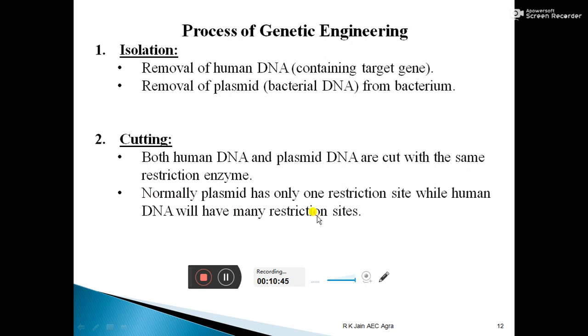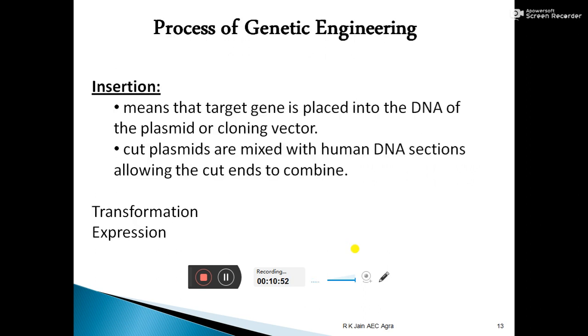Normally, the plasmid has only one restriction site, while human DNA has multiple restriction sites. After cutting comes insertion, meaning the target gene is placed into the DNA of the plasmid, or cloning vector. The cut plasmids are mixed with human DNA sections, allowing the cut ends to combine.